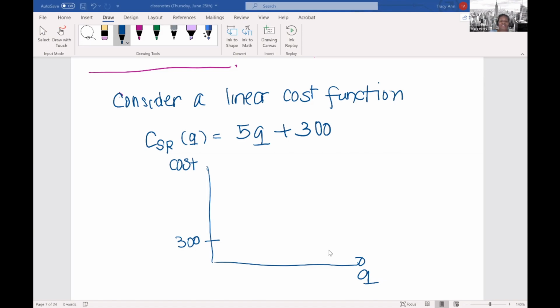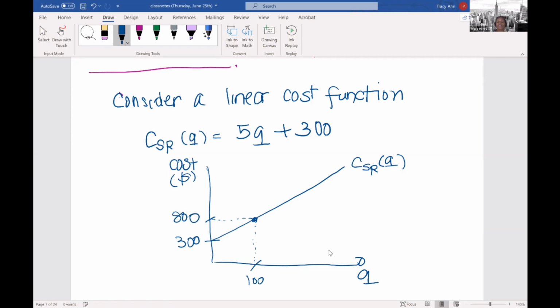So this cost is in terms of dollars, and this would be our function, C of Q. For instance, if I'm producing 100 units of quantity, then we know that the cost to produce 100 units would be $800.